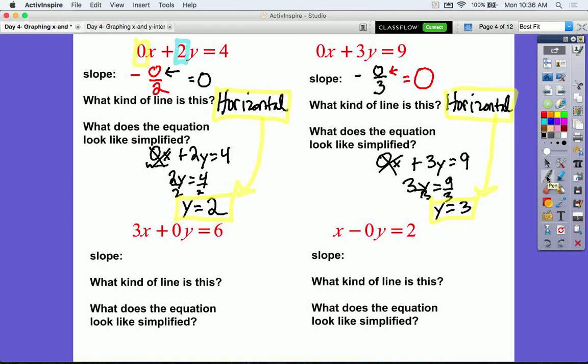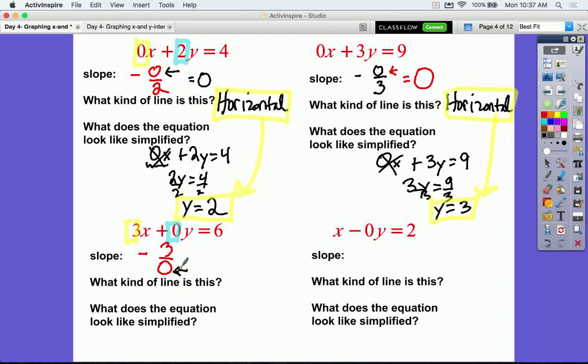The next part of our equation, we're going to be looking at something where the 0 value now ends up in the denominator. This should be familiar to you. The slope of this line, the opposite of A over B. Here's my A, here's my B. When I put the opposite of A over B, I see there's a 0 in the denominator.